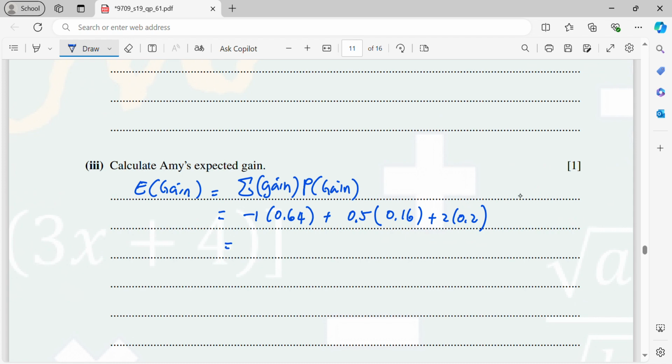Then here you will be getting negative 0.16. So this means it will be negative 0.16. So Amy's expected gain is basically she expects to lose 16 cents, right?